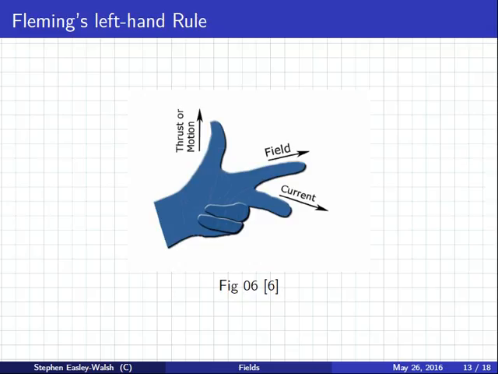In the exam you have 2 choices. For example, let's say the magnetic field is going down into the ground, and the current is going out the window. Which way is the force?